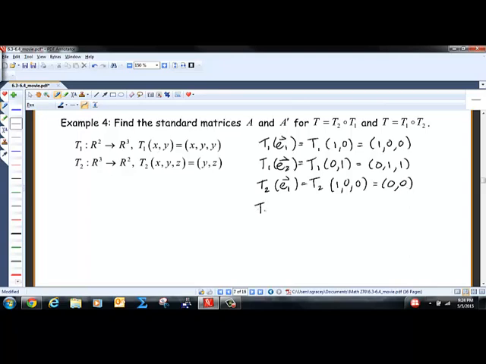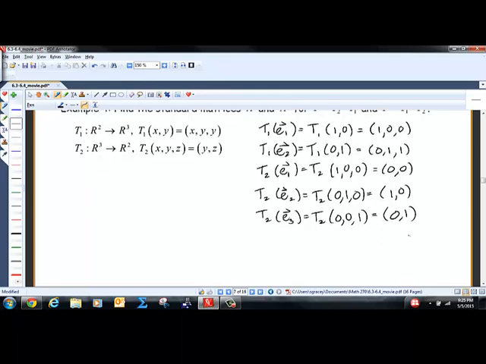And then T2 at E2 is T2 at (0, 1, 0), which will give us (1, 0). And then T2 at E3 will be T2 at (0, 0, 1), which is (0, 1). All right? So that gives us the information we need for A1 and A2.